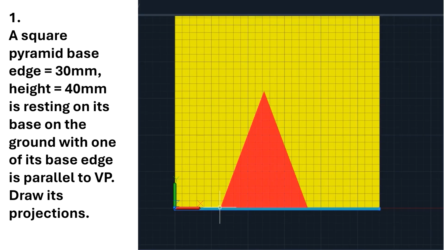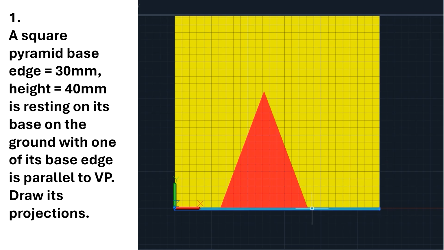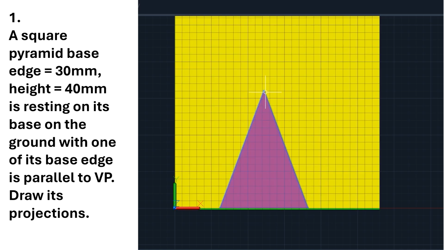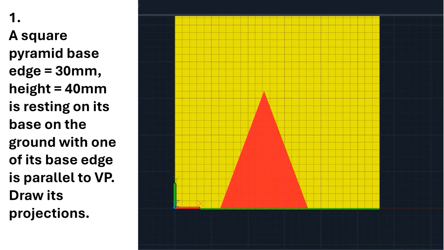This is the base, and A and B are here, which we will mark as A dash, B dash, and here C dash and D dash will appear because the entire base is resting on the horizontal plane. Now the apex will be somewhere here, 40 mm from the center point, so I can call it O dash. That is how we will draw the projections of solids in this simple position.